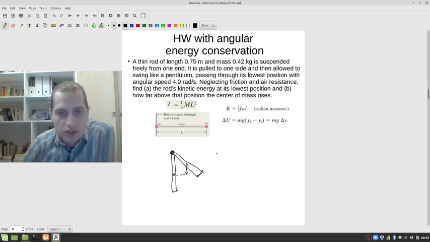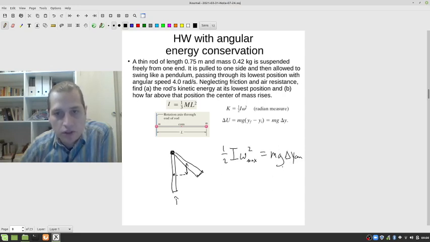So what you do essentially is you take your kinetic energy down here, so 1/2 I omega max squared equals how much the center of mass of that rod has increased in height. So mg delta y of your center of mass. Okay, and then it's having you calculate this, and then using that to calculate that.